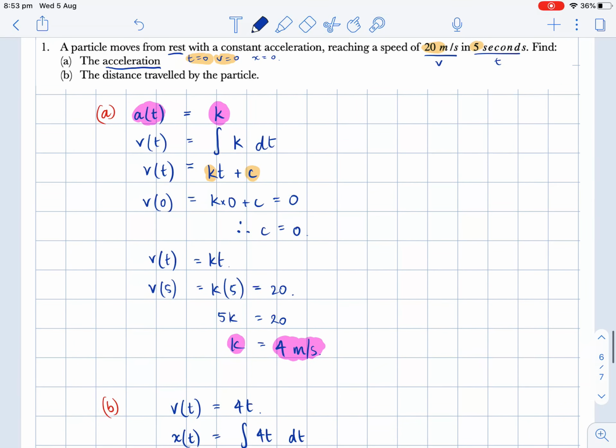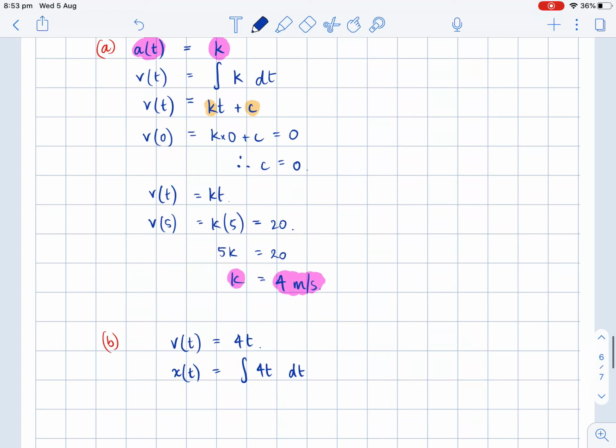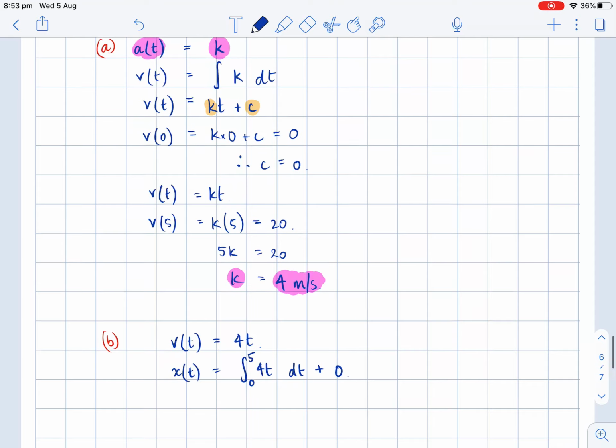So we're assuming that the distance travelled by the particle is related to this 5 seconds. So when t equals 5 is when we want to find the distance, and we know initially t is 0, and its displacement originally is also 0.